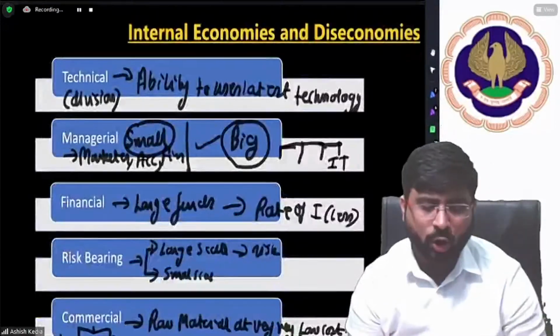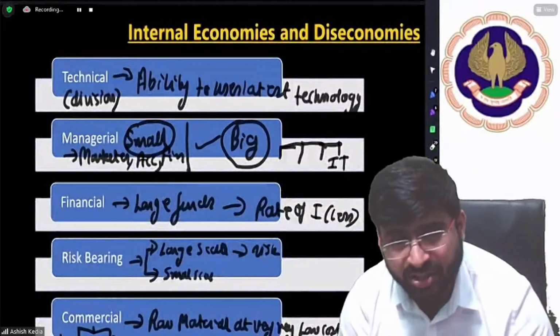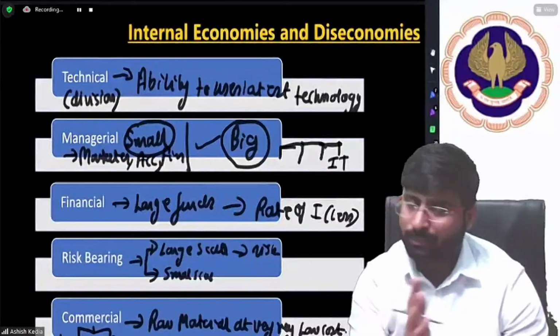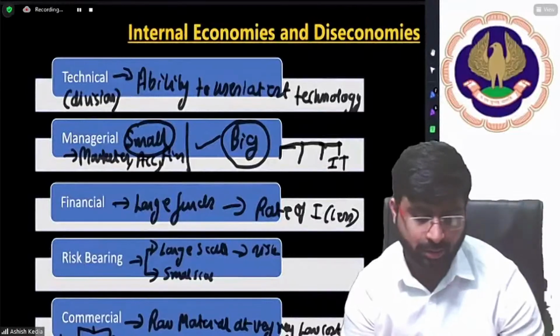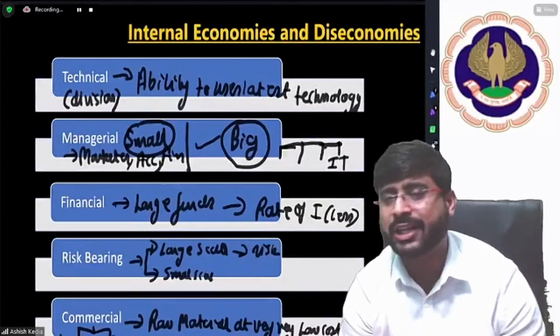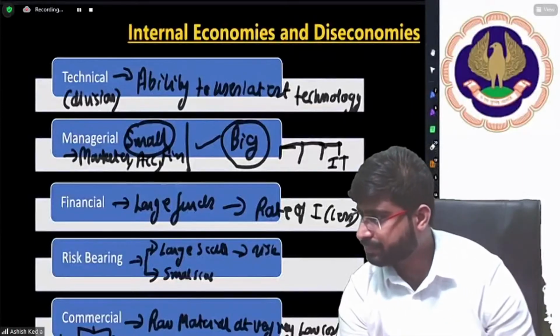Then we discussed some of them. In internal economies, technical economy implies the ability to use the latest technology and division of labor. In managerial economy, the ability to hire experts when you are operating on a large scale. Remember, economies of scale will only take place when you are operating on a large scale.